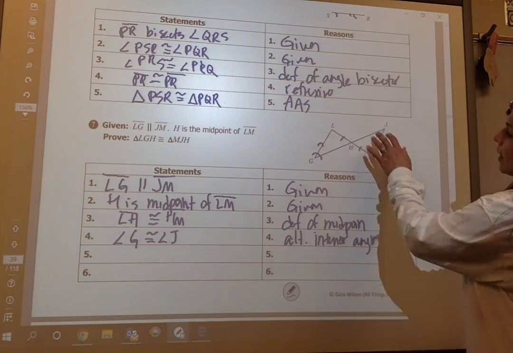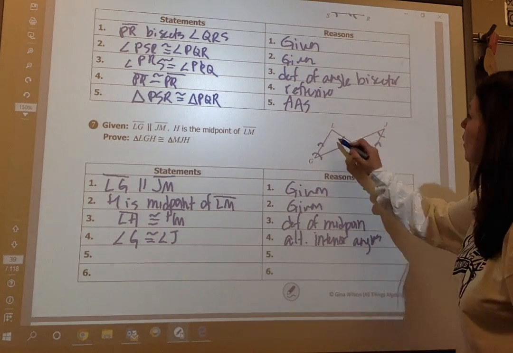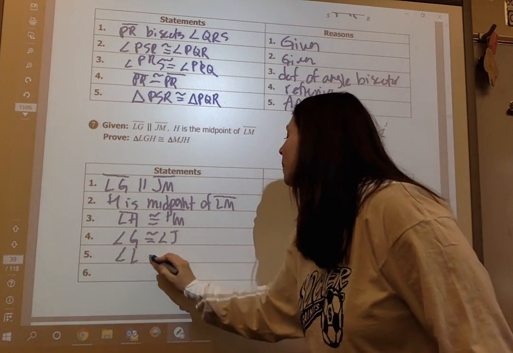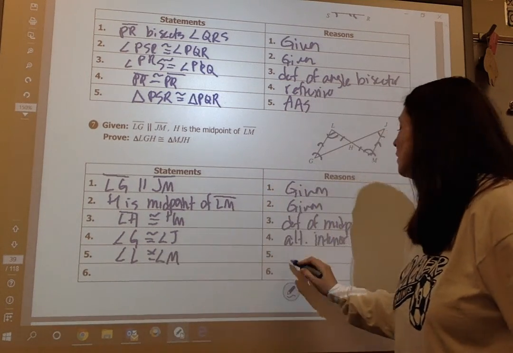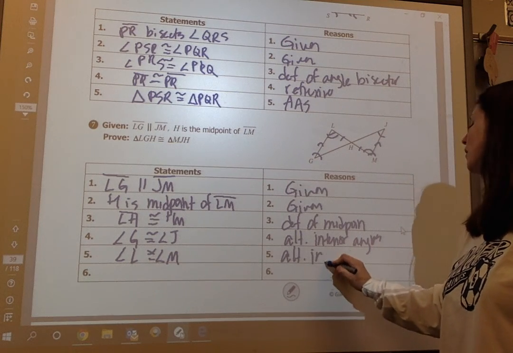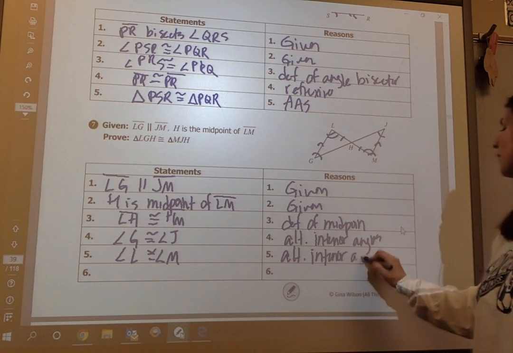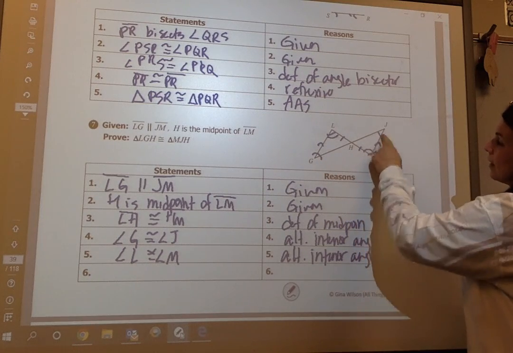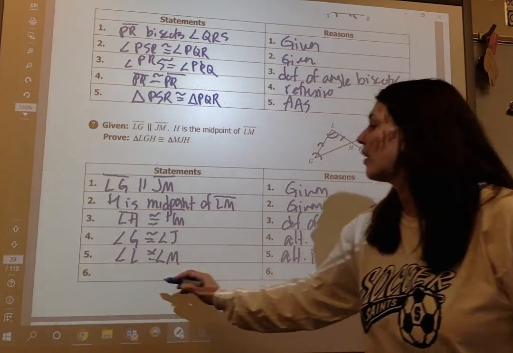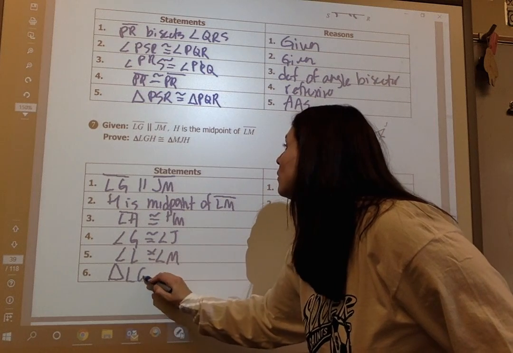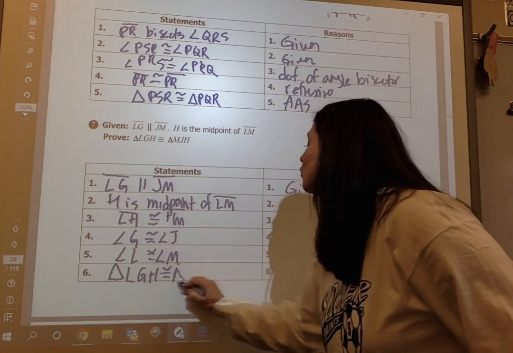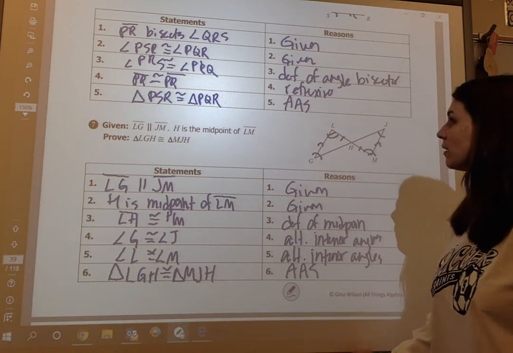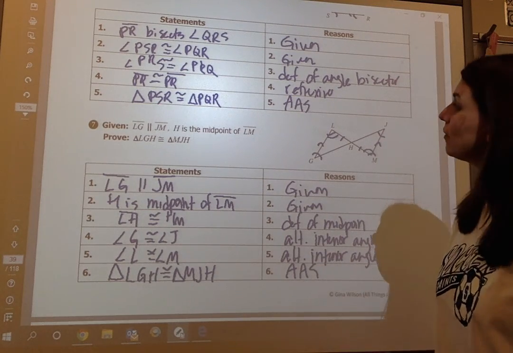I can also say, two parallel lines cut by a transversal, that angle L is congruent to angle M. Alternate interior angles. Now I have an angle, an angle, and a side, and now I can make my Big Daddy statement of triangle LGH is congruent to triangle MJH, and that's because of angle, angle, side. We get it? All right. If you have questions, let me know.